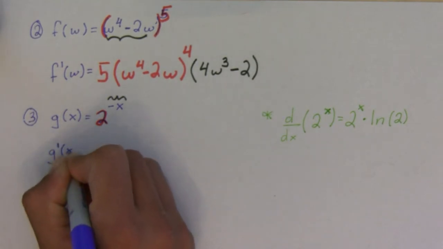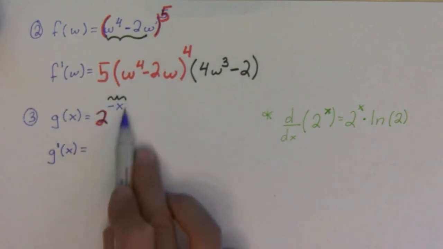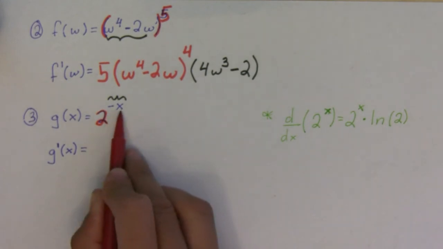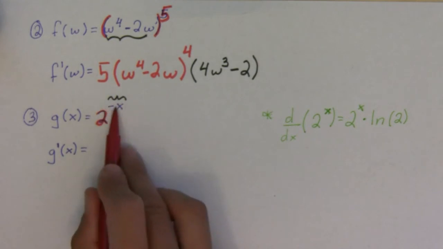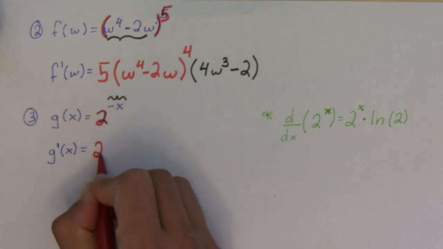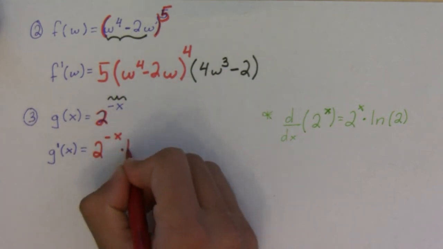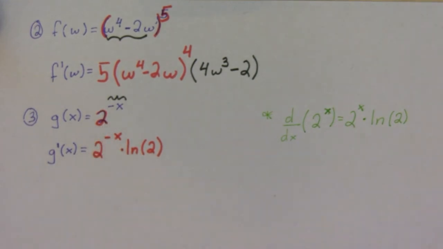Okay, so we apply the same rule. We have the derivative of the outside function, leaving the inside alone, so make sure you're careful with that. So the derivative of 2 to whatever power is itself, leaving the inside alone, times natural log of 2, which is the base.